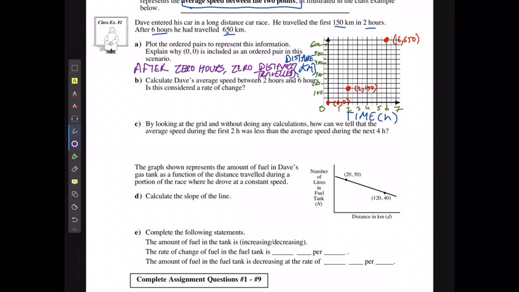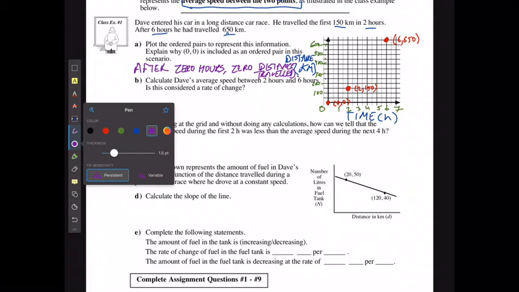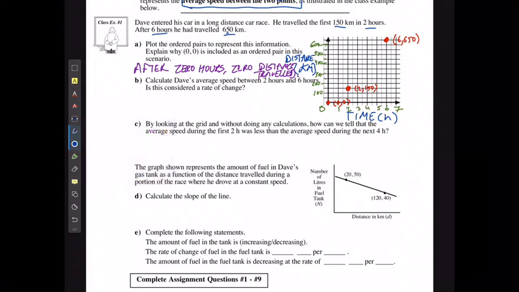If I'm calculating the average speed between 2 hours and 6 hours, then what I'm actually searching for is what is the slope between 2 hours and 6 hours.